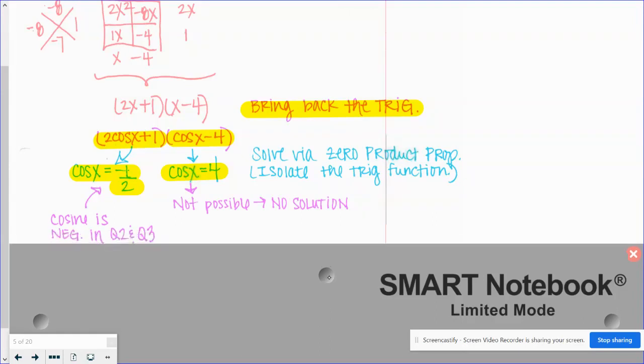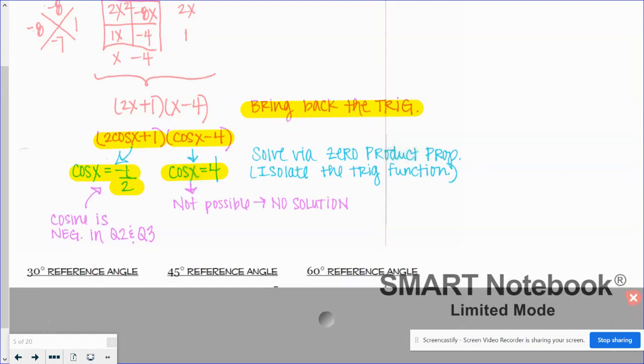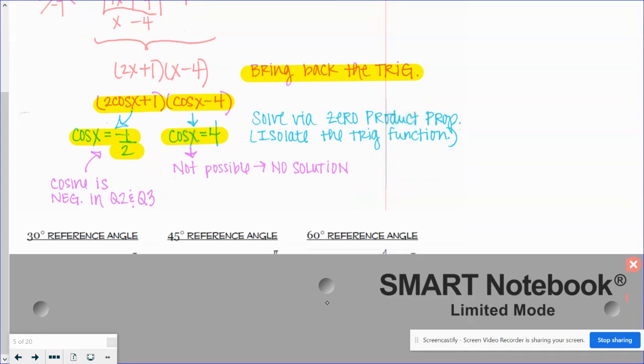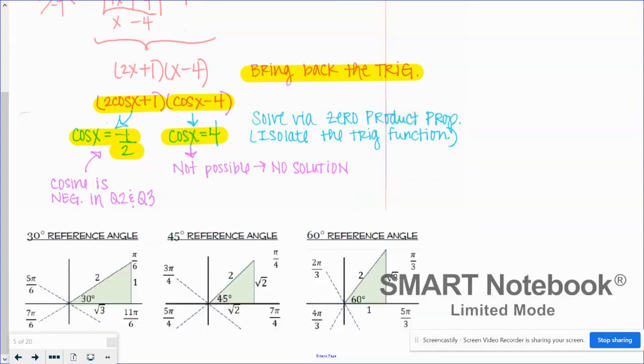For cosine of -1/2, I know that cosine is negative in quadrants 2 and 3. And then I need to draw my reference triangle to see what my answer angles are. Remember, keep it simple. Keep it to quadrant 1 to help you see what the reference angle is.